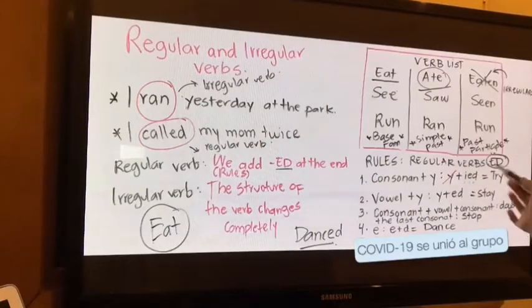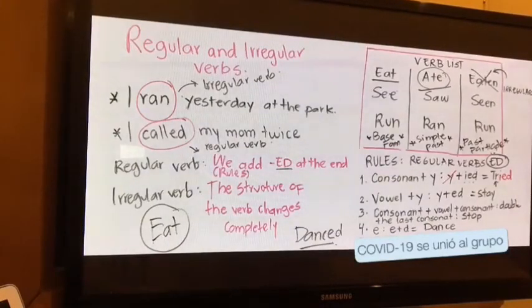So as you can see here, I have "try," and it ends with y and it has a "t" before it, and you know that is a consonant. So in this case, what I have to do is remove the y, and then I'm going to add "i," and finally "ed" at the end.